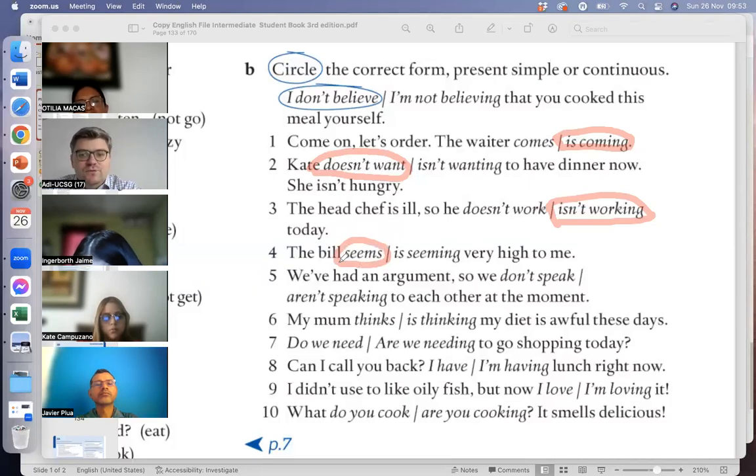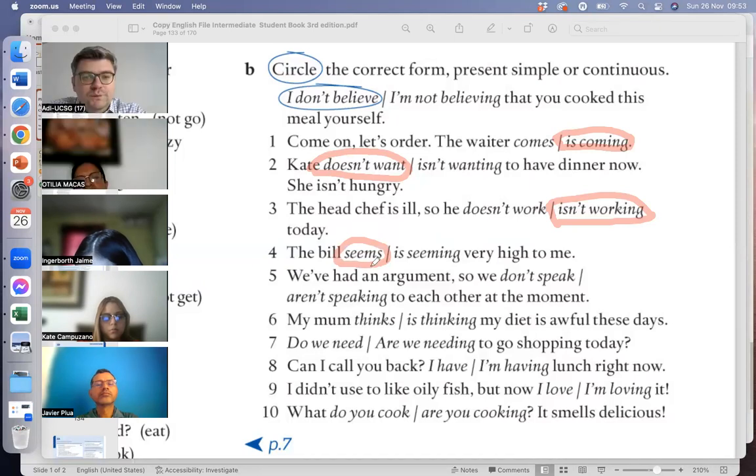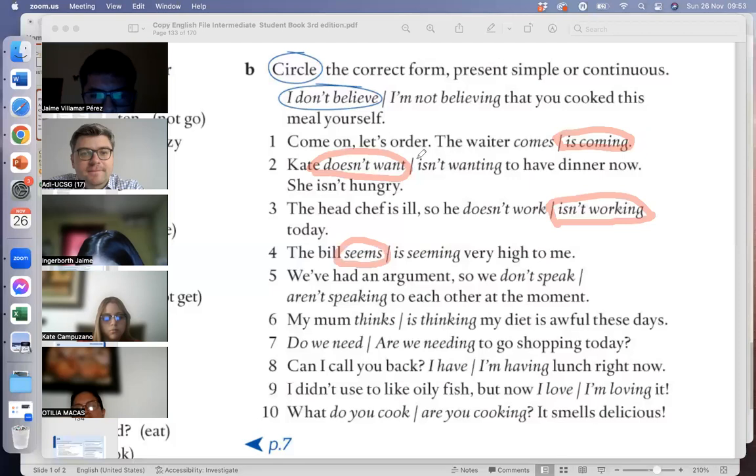So again, just like with the previous one, always look for what. Now we're still talking about number 4.